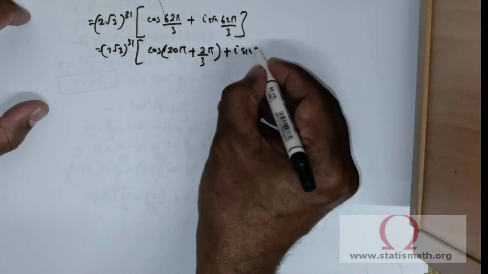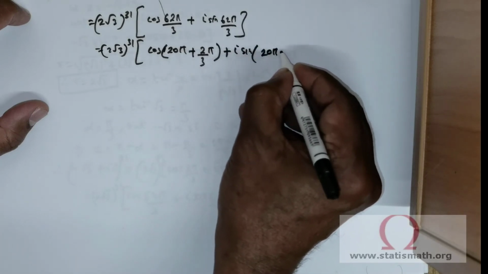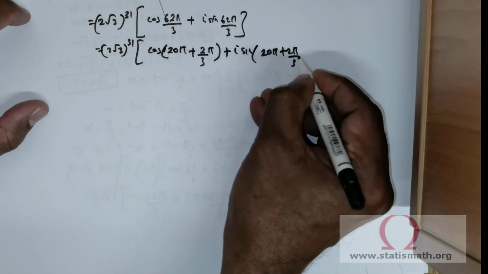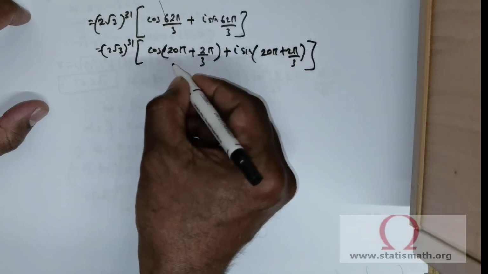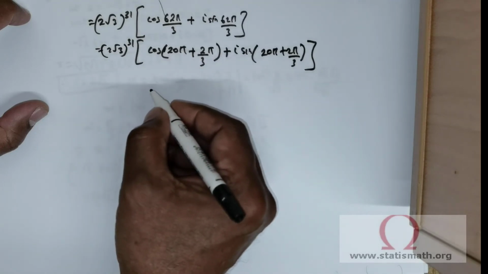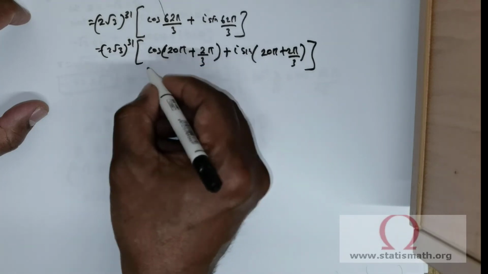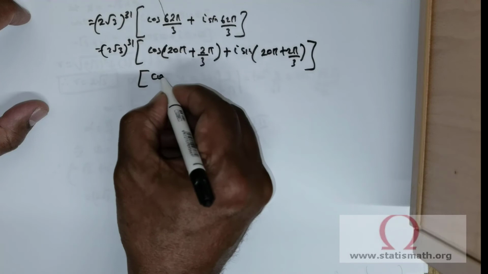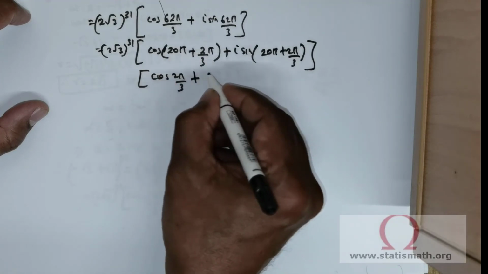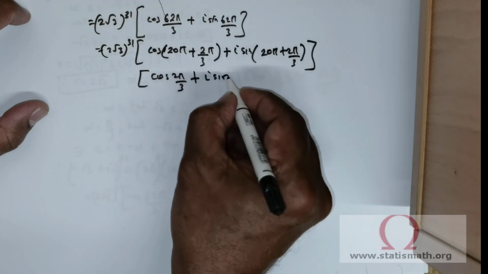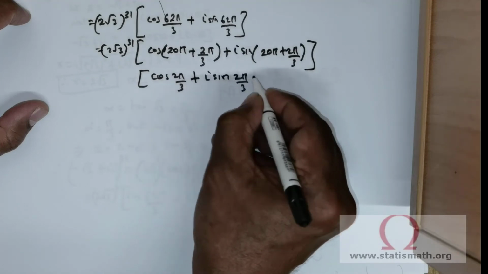I'm writing it as an even quantity because it's easy to simplify. So this is eventually equal to cos of 2 pi over 3 plus i times sine of 2 pi over 3 by the trigonometric formula.